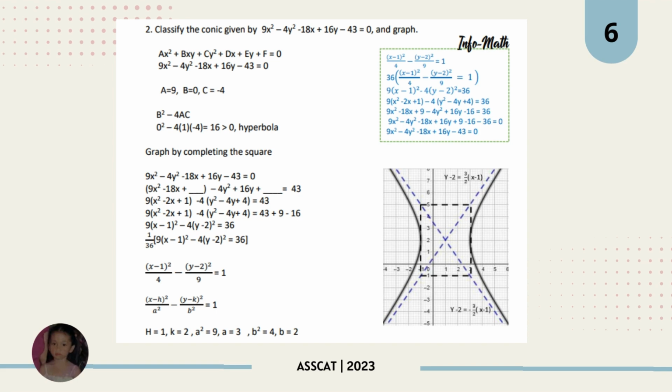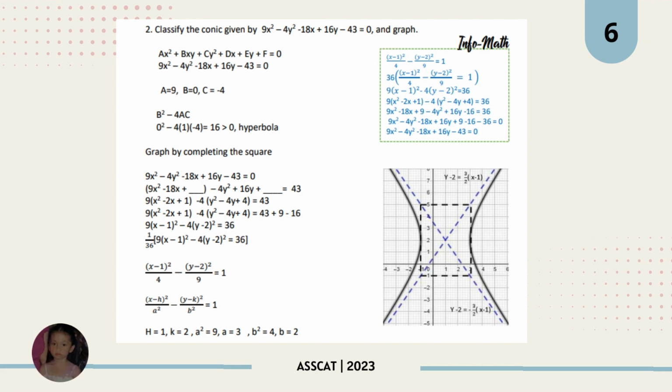Then we substitute it in B squared minus 4AC. Then 0 squared minus 4 times 9 times negative 4 is equal to 144, and it is greater than 0, then it is a hyperbola.